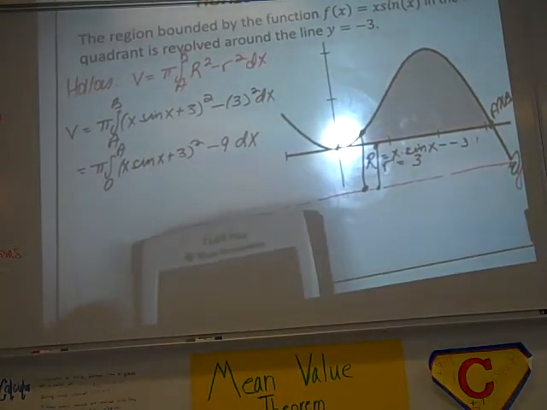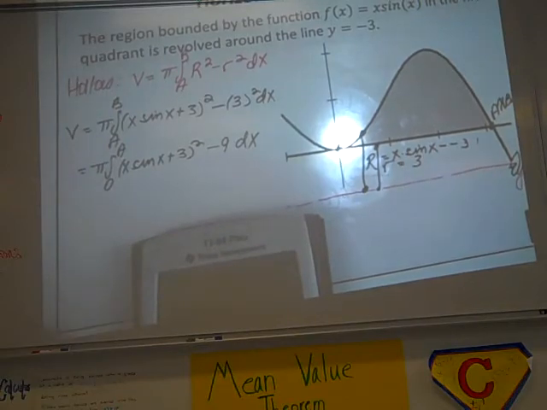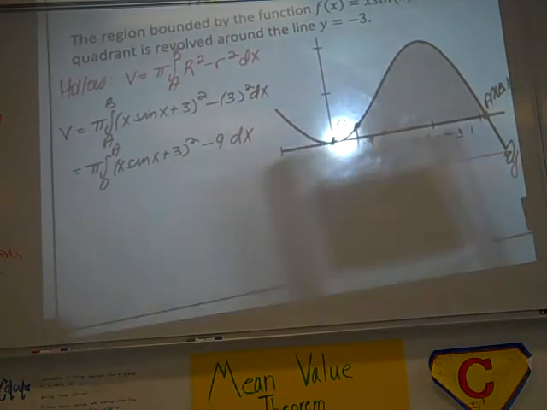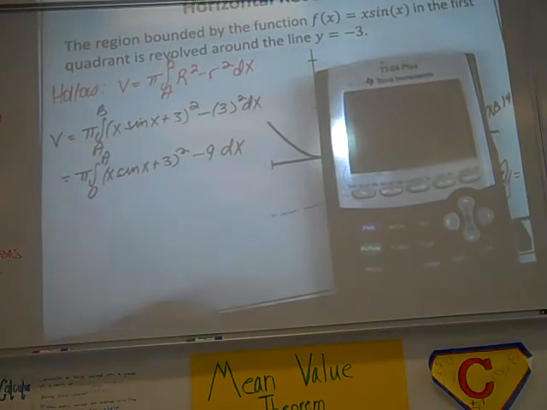Thankfully, this is a calculator active question. So I'm on the home screen, and my keystrokes are going to be Math 9, again on the TI-84. Now I can type in the function x sine x plus 3. Because I have to square the whole thing, I put in parentheses to begin with.